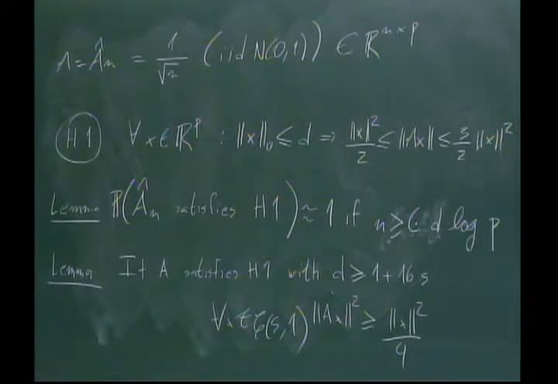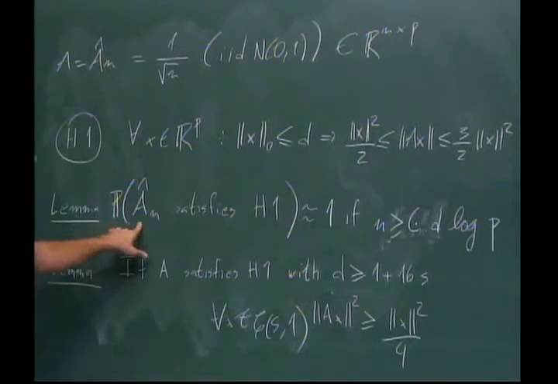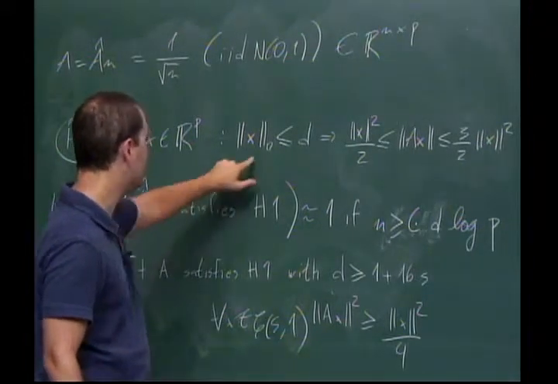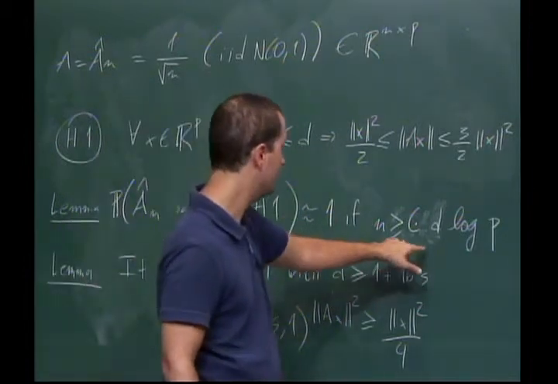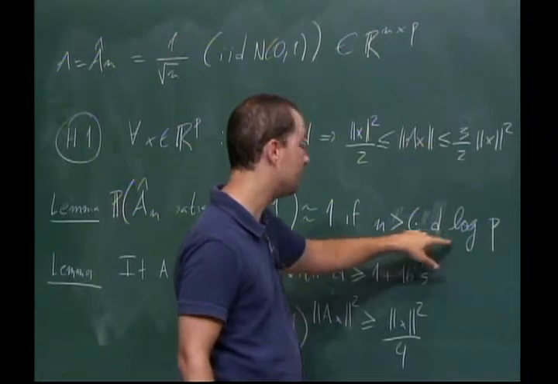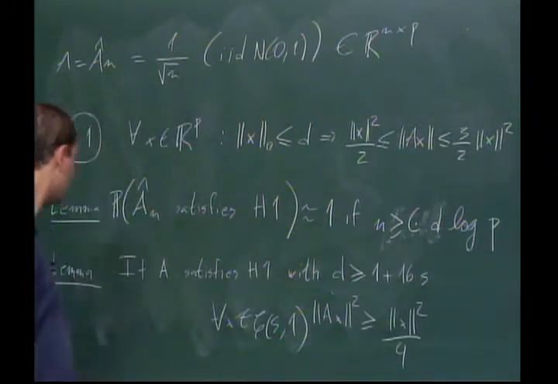So look, the first statement is probabilistic, right? So I'm saying that with high probability, this matrix A hat n satisfies this property over all sparse vectors, as long as sparse means that the L0 norm is less than n divided by log of p. That's essentially what this is saying. The second lemma is deterministic.